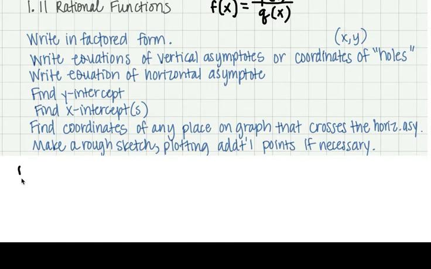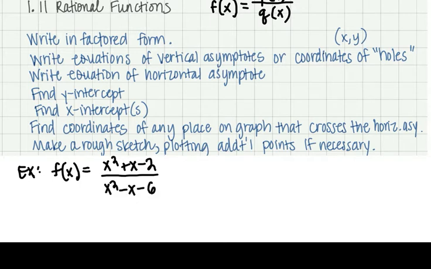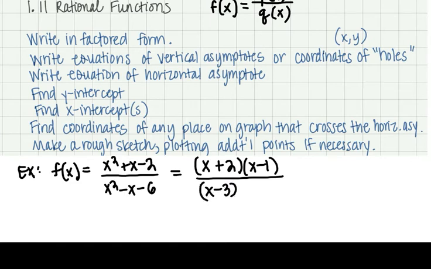Our first graph is f of x equals x squared plus x minus 2 over x squared minus x minus 6. I'm going to factor this to be x plus 2, x minus 1 over x minus 3, x plus 2.